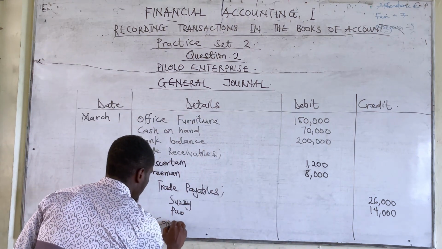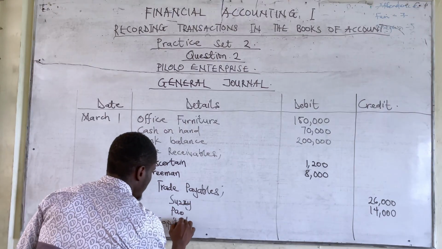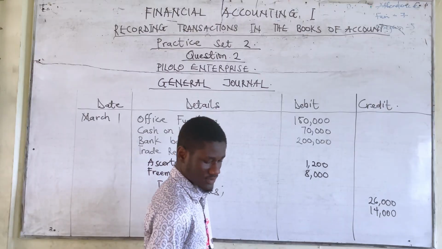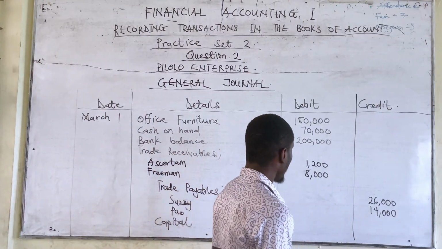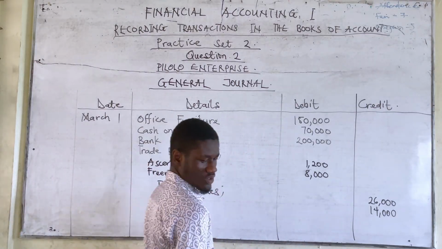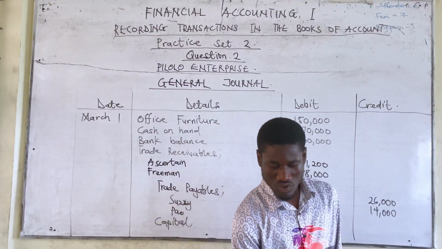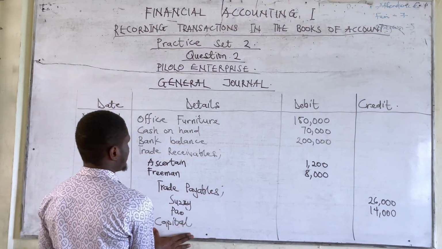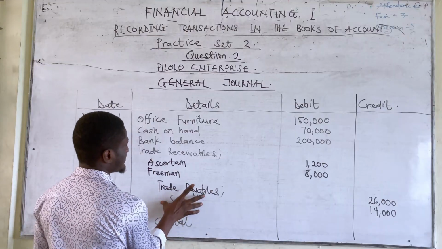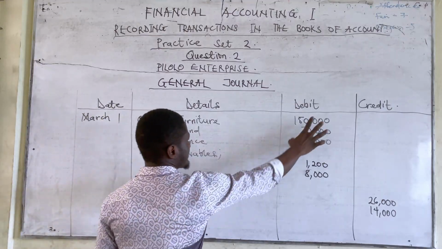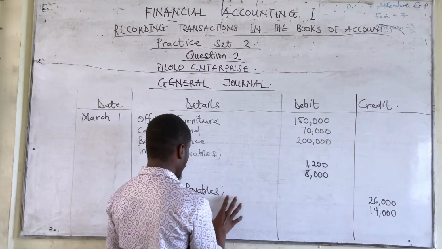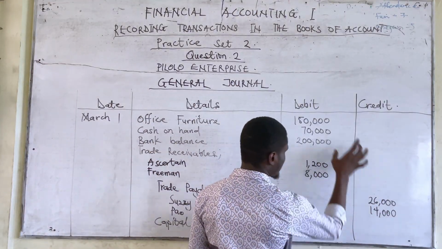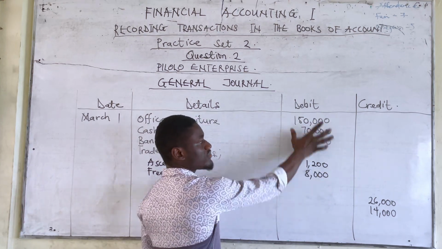Our capital is what we want to find. Okay? Our capital is what we want to find. With this question, we will see that when we want to find the capital, we have to less the liabilities from the total assets. So the liability that is given to us, we have to less from the total of these.